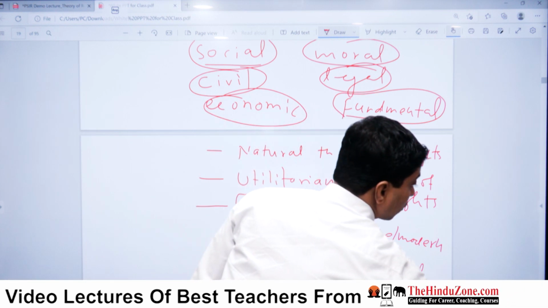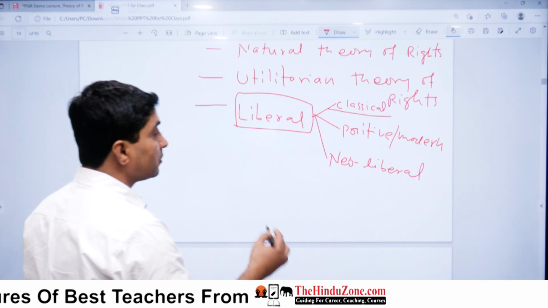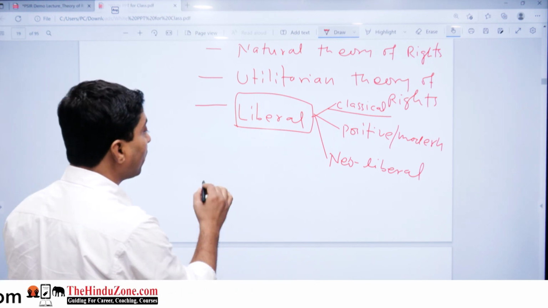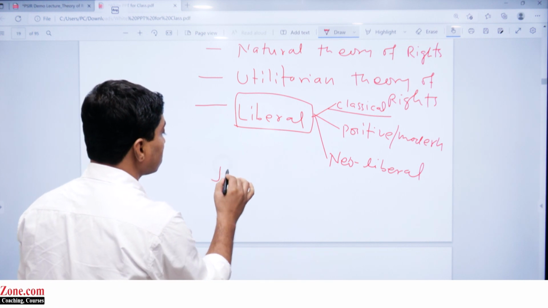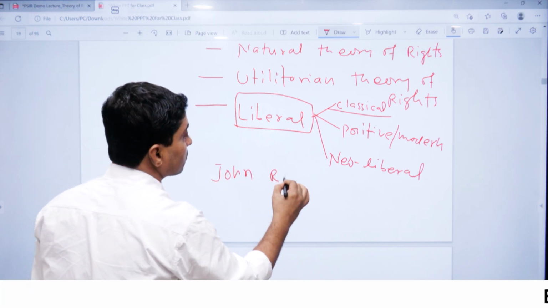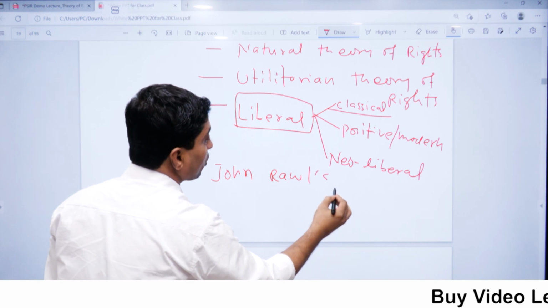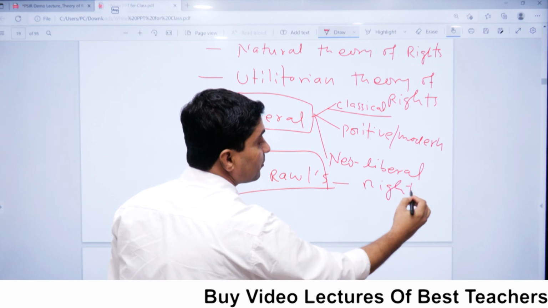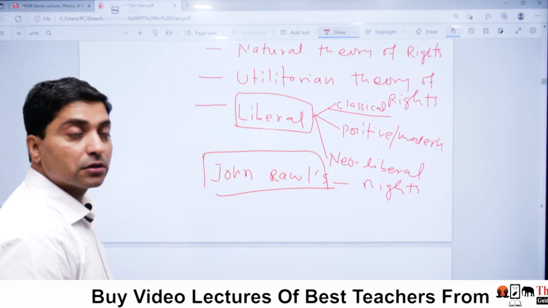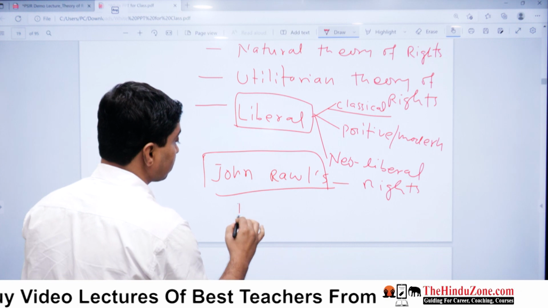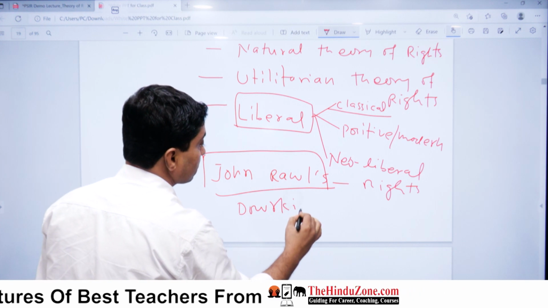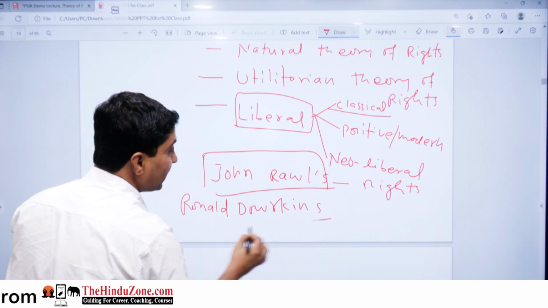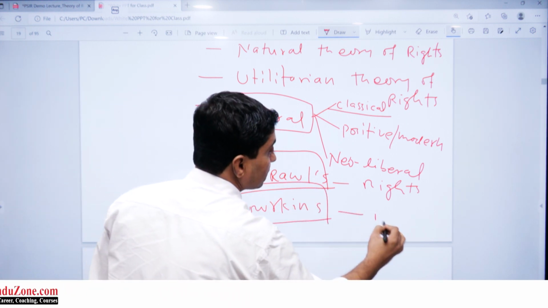After that we will talk about some specific philosophers. For example, we will talk about John Rawls, what John Rawls talks about rights. We will talk about Ronald Dworkin, what Ronald Dworkin talks about rights.